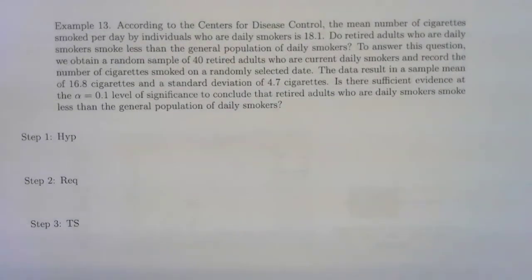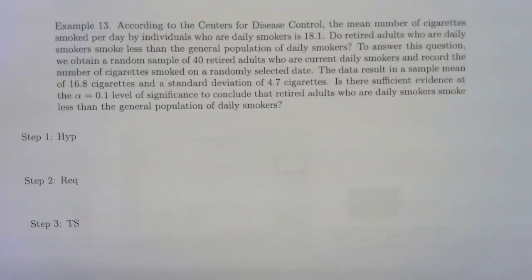So example 13. According to the CDC, the mean number of cigarettes smoked per day by individuals who are daily smokers is 18.1. Do retired adults who are daily smokers smoke less than the general population of daily smokers? To answer this question, we obtain a random sample of 40 retired adults who are current daily smokers and record the number of cigarettes smoked on a randomly selected date.